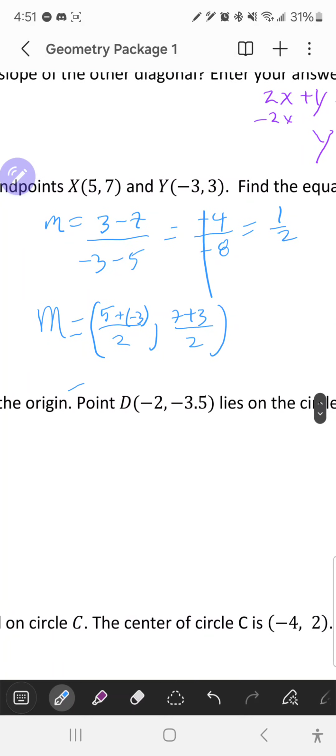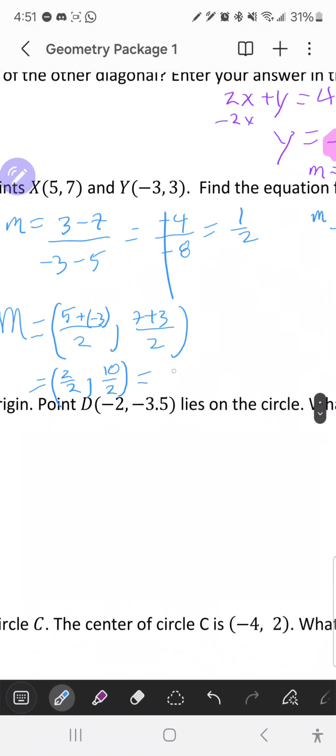So this is going to be 5 minus 3, so it's 2 over 2, comma, 7 plus 3 is 10, so 10 over 2. 2 over 2 is 1, and 10 over 2 is 5, so 1, comma 5.